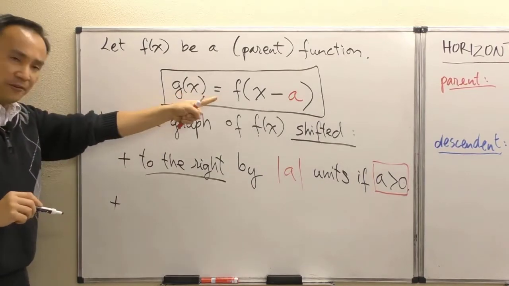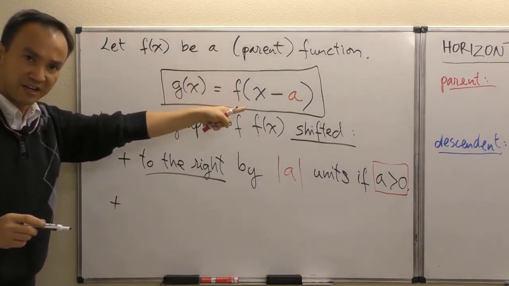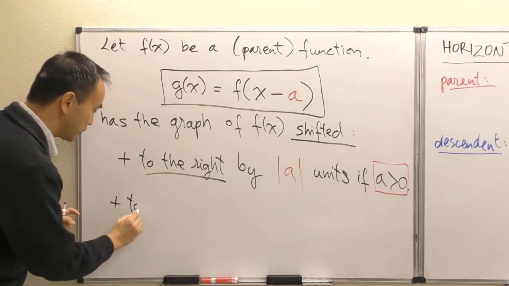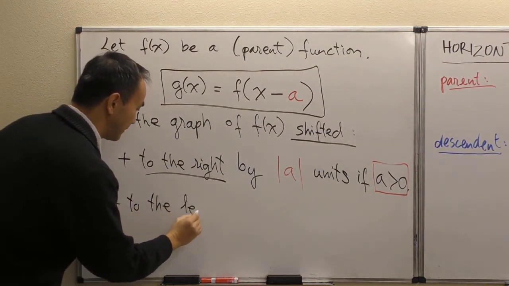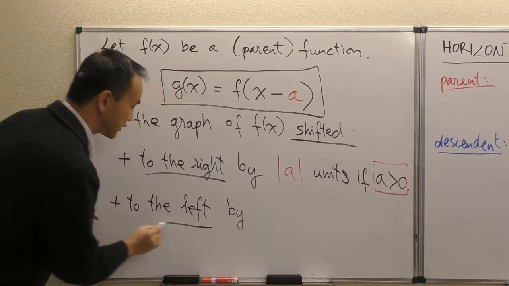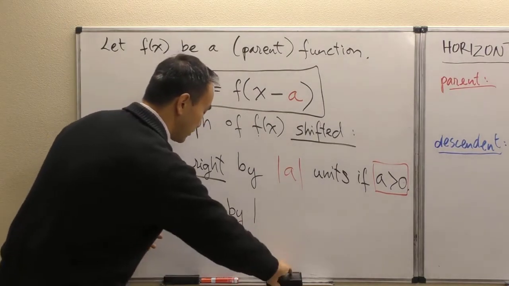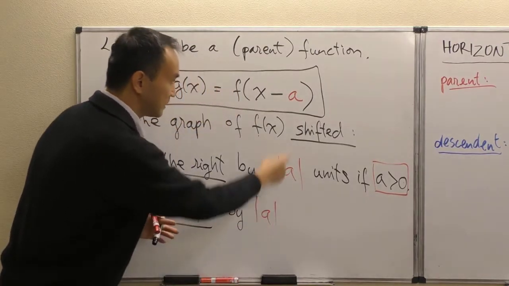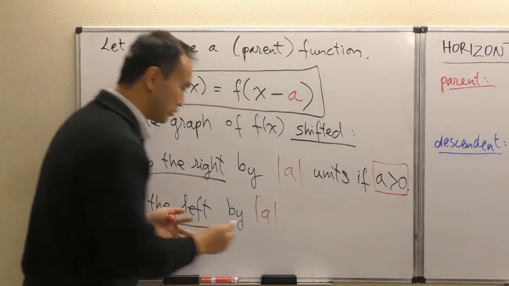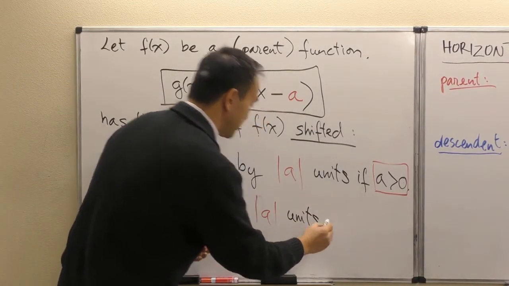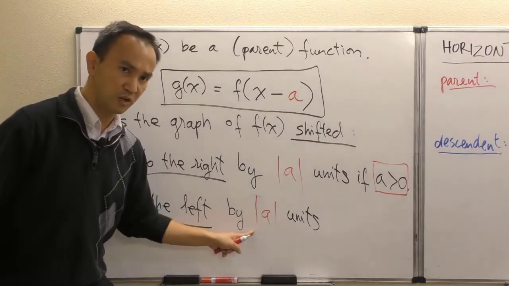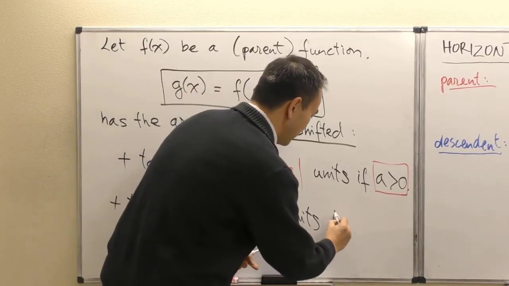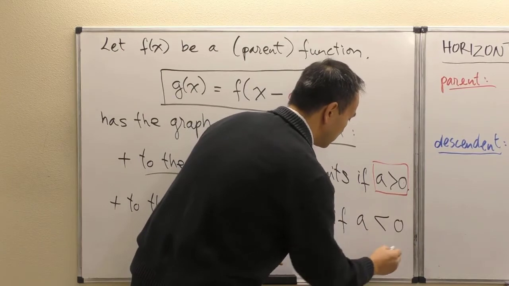So that g of x defined this way, related to the parent function in this way, will have the graph of f of x, but shifted to the left. Shifted to the left by, again, the rule that we can see now is how far we shift. It's always absolute value of the number here. So absolute value of a units. So that many units, if a is a negative value.